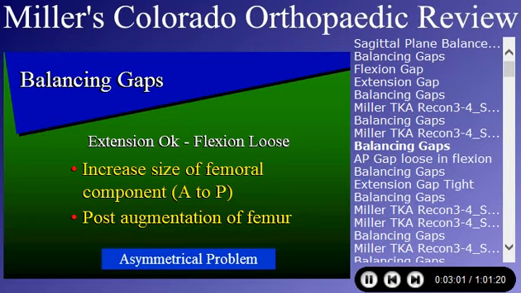I can add to the femur by increasing the size of the femoral component anterior to posterior. You go to the next size up, either a B to a C or a 67 to a 72, and for your deficiencies, you can put posterior augmentations on the femur, or you can use cement and screws. And that was on an in-training question just last year. They always ask it in some form or the other.